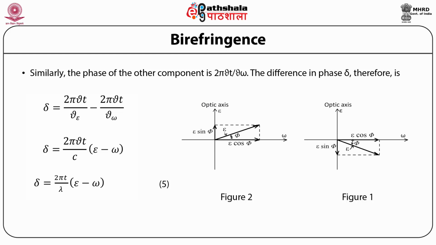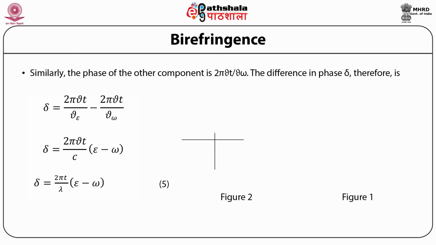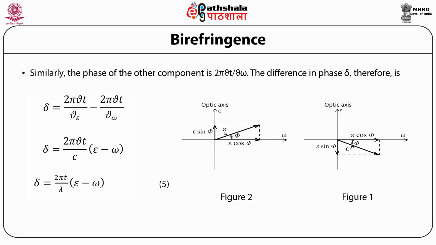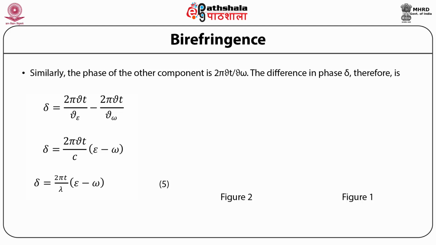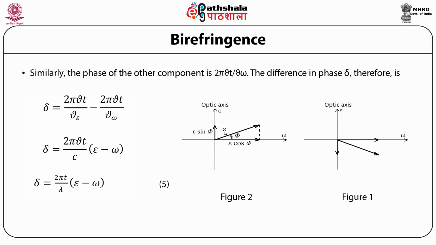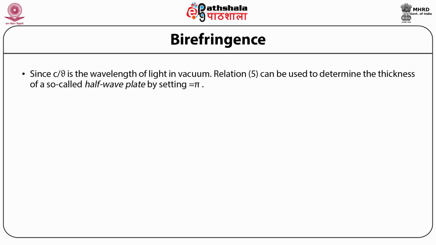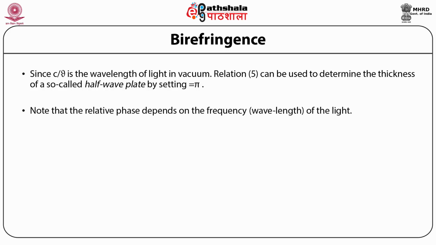The difference in phase delta therefore is delta equal to 2 pi nu t by Ve minus 2 pi nu t divided by V omega, from where we can get delta equal to 2 pi t by lambda into epsilon minus omega. Since C by nu is the wavelength of light in vacuum, relation 5 can be used to determine the thickness of a so-called half-wave plate by setting delta to be pi. Note that the relative phase depends on the frequency of the light.